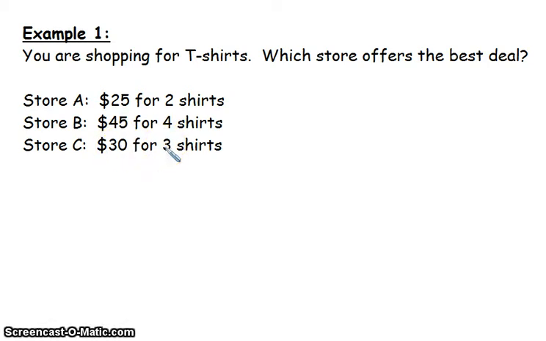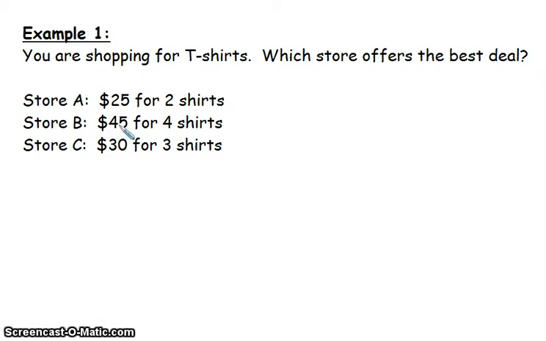So store C looks like a pretty good deal. But then this one has $45 for 4 shirts. If I had to add 2 more shirts at store A, that would cost me $50, so more than store B. So you can make a good guess just by analyzing those, and that's what some of you all may do when you go shopping.